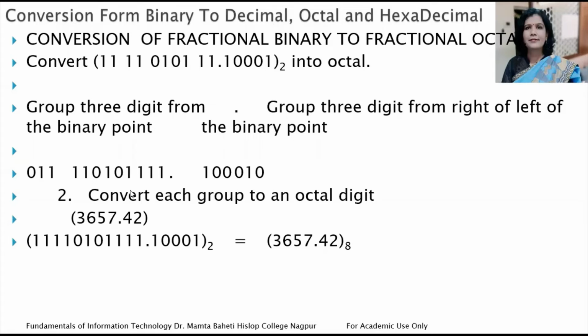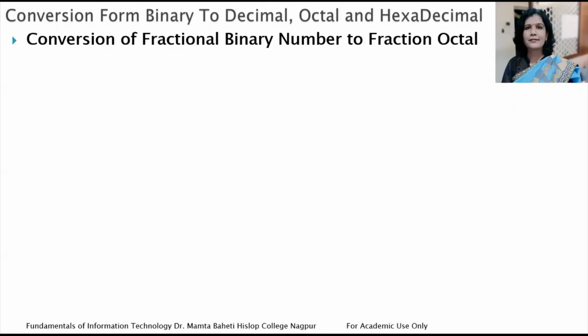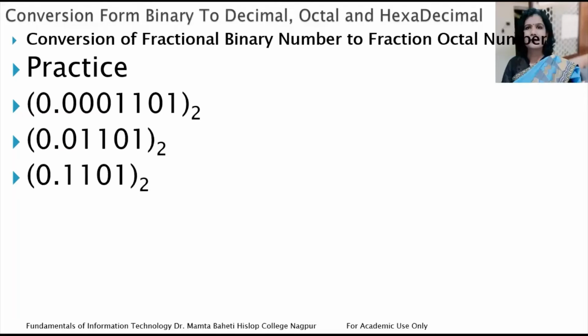Okay, so group of 3 करना है from right to left before the decimal point and from left to right after the decimal point. Remember that. Okay. Now we will see the conversion of fractional binary number to fractional octal number. You can practice these numbers.